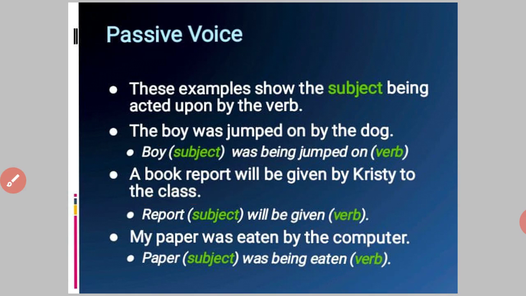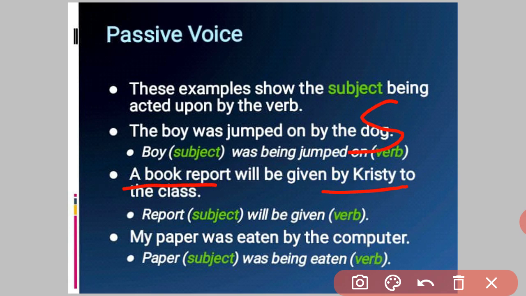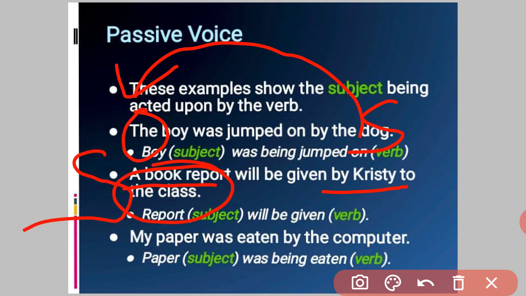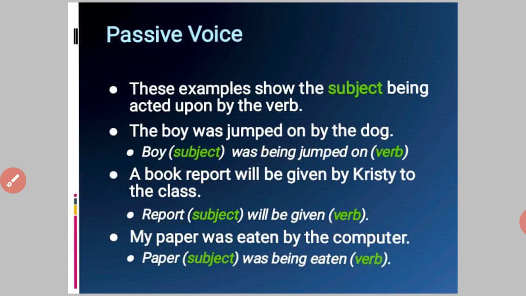In the previous sentence, as we have seen, Christy was the subject and book was the object. But here book became the subject, and Christy becomes the object. So the subject is book report and the subject is not performing any action. So we can say the sentence is in passive voice. Report is the subject, will be given. Okay? It's not performing any action.